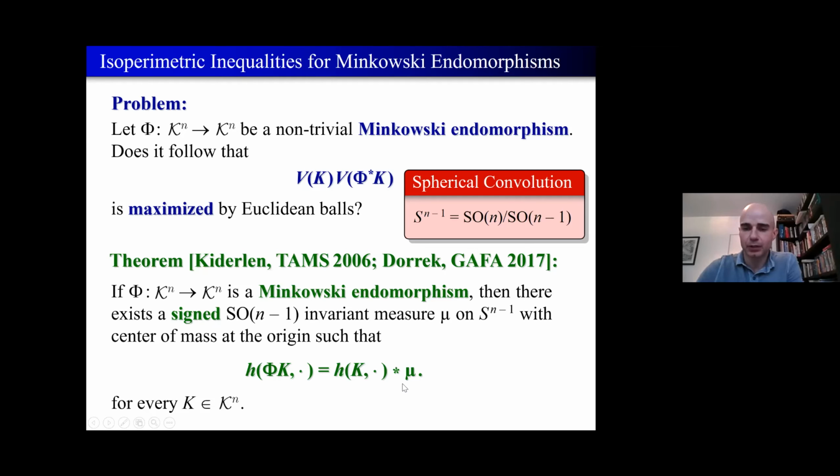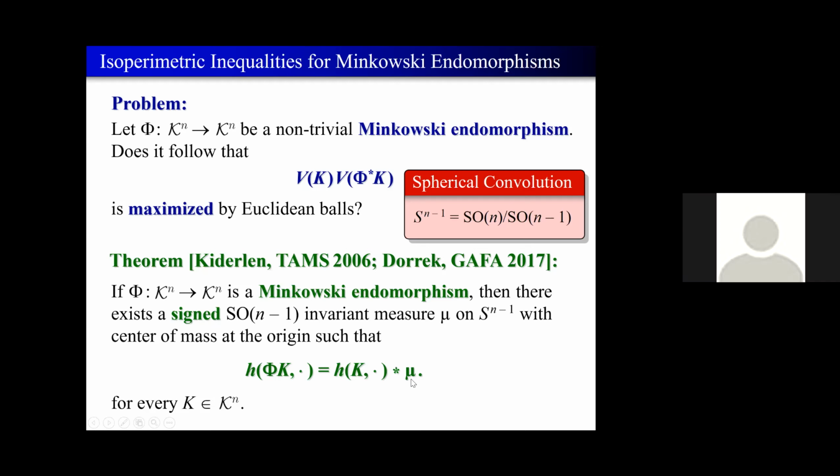For the difference body map, the measure mu is a discrete measure concentrated on 2 points. For the W map, which was the mean width map, this is just spherical Lebesgue measure. And for the projection body, this is concentrated on the equator of the sphere. So this is all well known.